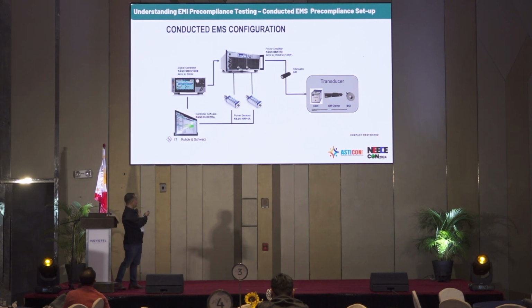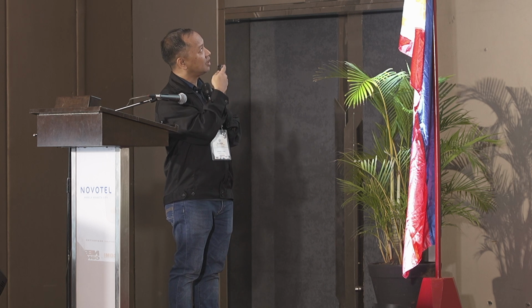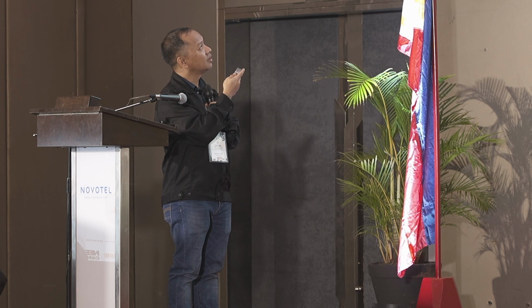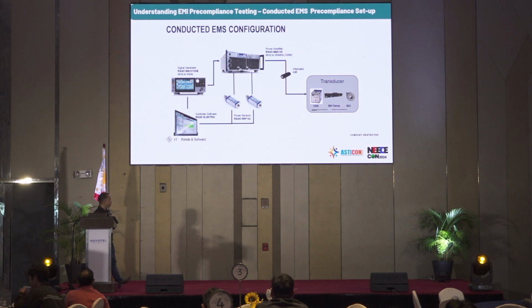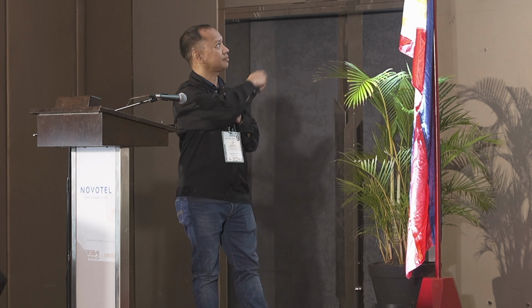So meron tayong CDN, EM clamp, saka BCI, bulk current injection. And yung mga components natin dyan, gagamit tayo ng signal generator, power amplifier, and power sensors. So yung power sensor, may measure naman niya kung ano yung level nung signal na ibabato natin to check kung tama ba yung sinasubject nating signal dun sa DUT.